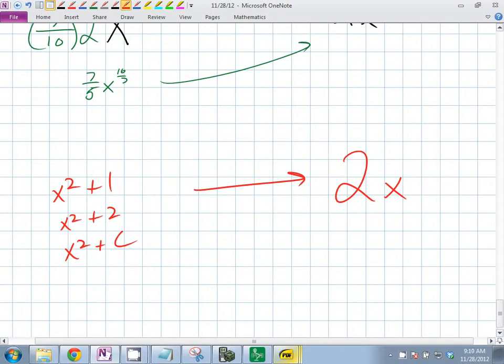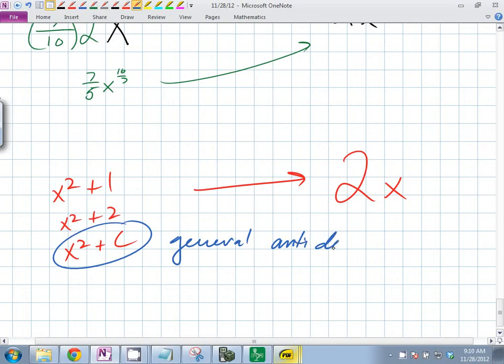Sometimes the question will be find an antiderivative. Find one. This right here is called the general antiderivative, because it represents all of the functions whose derivative is equal to the given function.